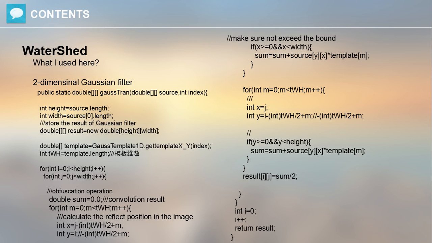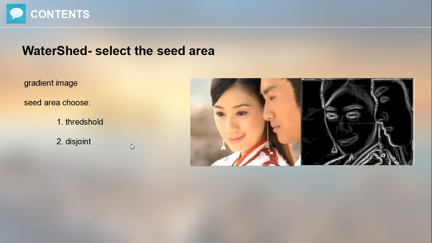I combine two one-dimensional Gaussian filters and make sure the values of the pixels won't exceed the bound. And here is the code of the two-dimensional Gaussian filter. If you are interested, you can take a look after this presentation. I will publish all the source code, the PowerPoint, and the final report on the e-learning website.